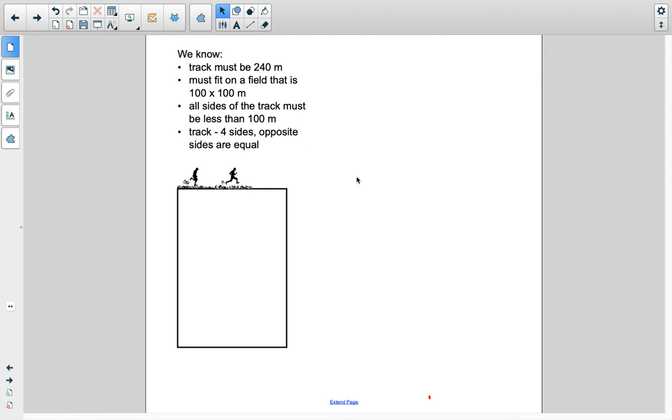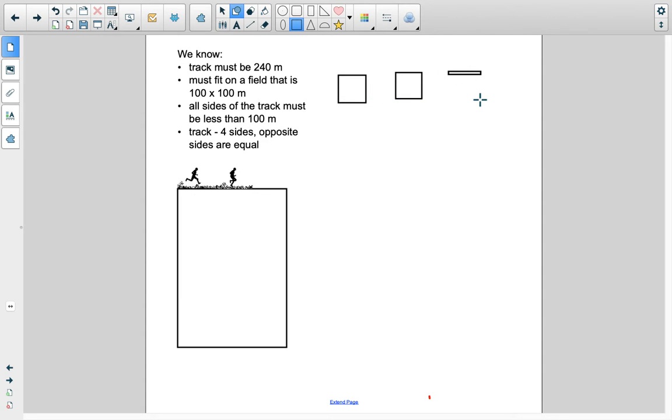Well, if I was going to tackle a problem like this, the first thing I'm going to think about is, well, I've got four numbers here, and they have to add up to 240.